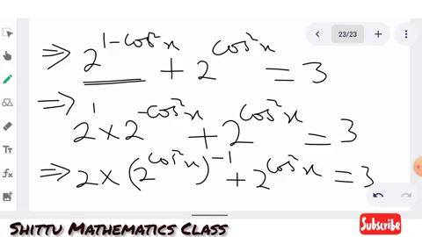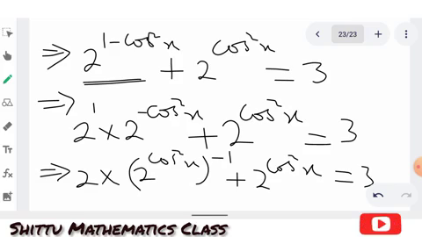Are we following? Now from there, we can let 2 to power cos square x be a particular constant or variable, like a or b or anything you want to use.